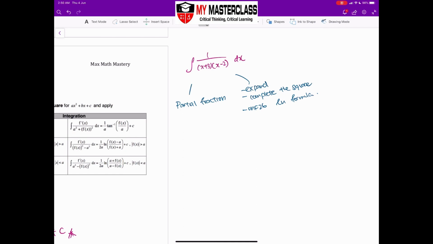Generally, I prefer the second method, which is to expand and do completing the square. However, this will only work if the denominator is a quadratic factor and is able to factorize. If not, if you go back to look at our partial fraction portion, certain questions are totally not able to use the completing the square method and then the formula according to MF26. So unfortunately, we still have to learn the partial fraction method as well.